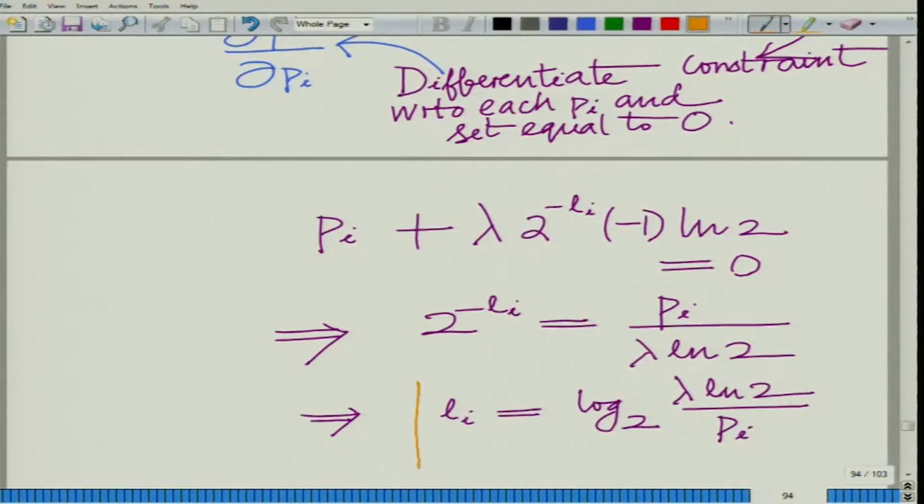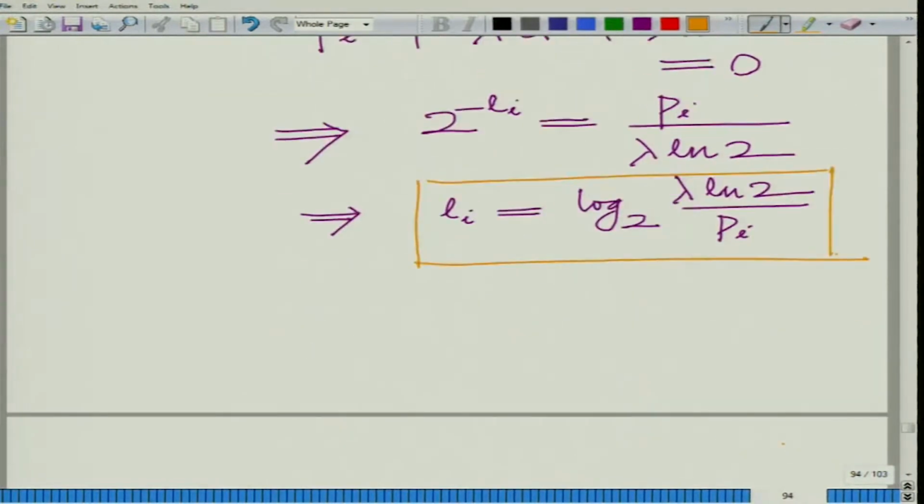Okay, that is easy to show. Okay, so this is the optimal average length.